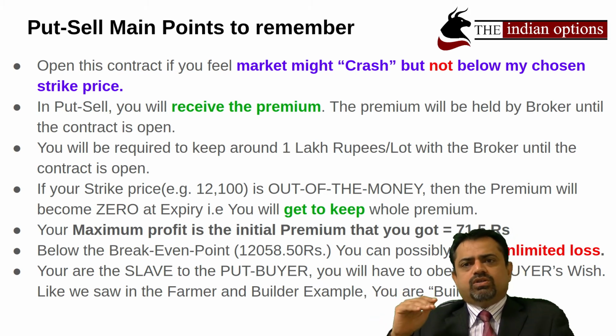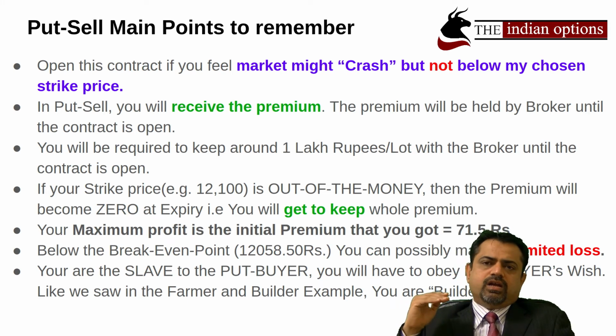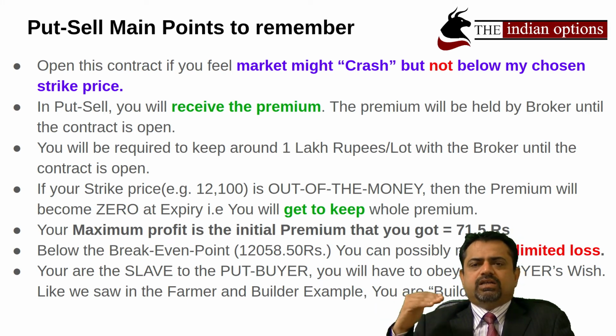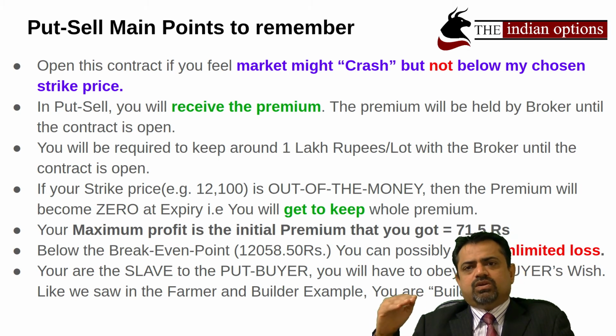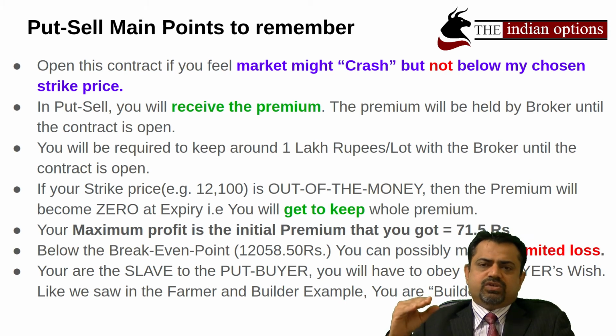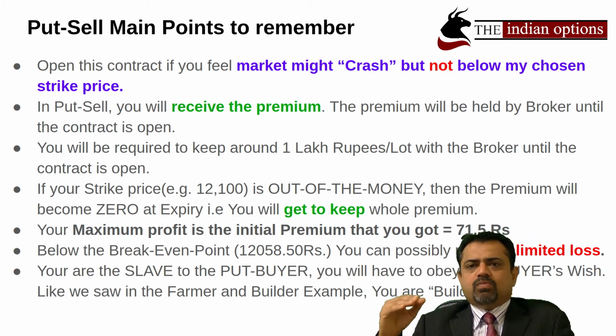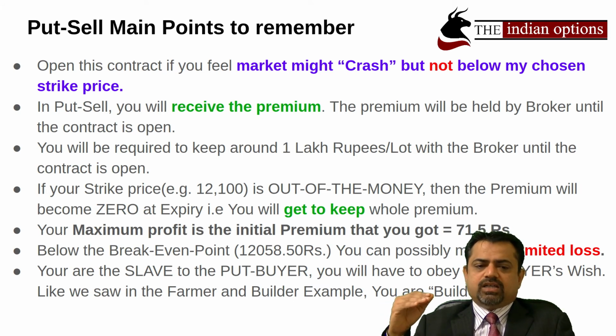However, you are going to have an unlimited loss if the market decides to crash below your break-even point, that is 12,028.50. Okay. Now, we saw that in this situation you are a slave to the put buyer, and you will have to obey whatever the put buyer wishes. We saw that in the farmer and builder example. You are the builder in this particular situation.